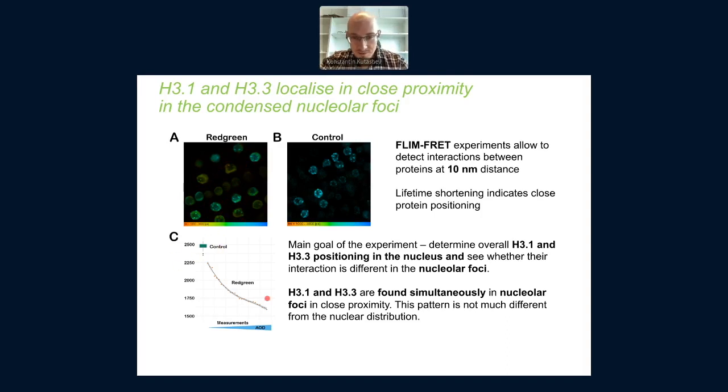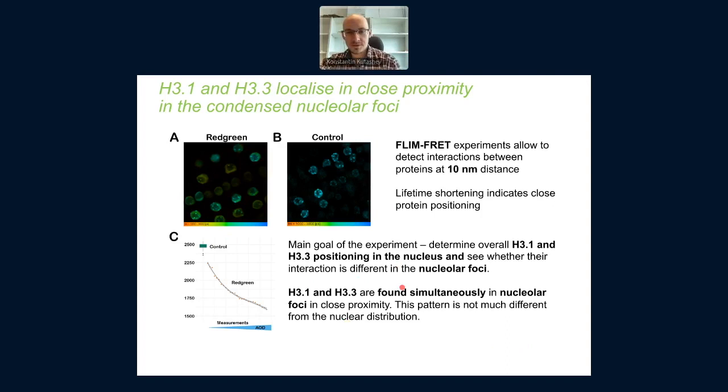Data is also presented in this graph, where control lifetimes can be fitted within this nice box plot, while in the experimental line the lifetimes were quite different according to the amount of donor and acceptor dyes, but they were reliably different from the control.